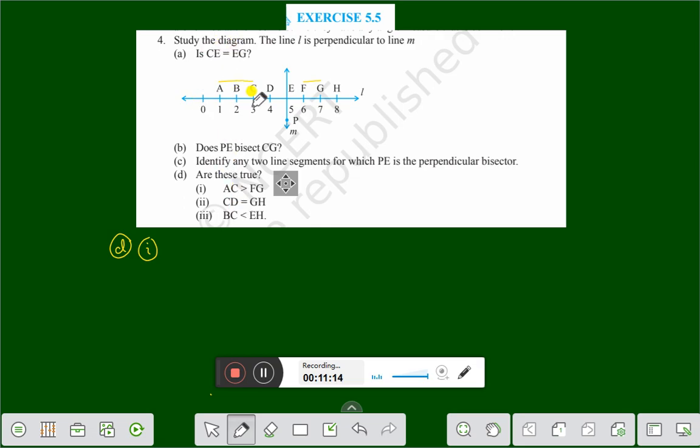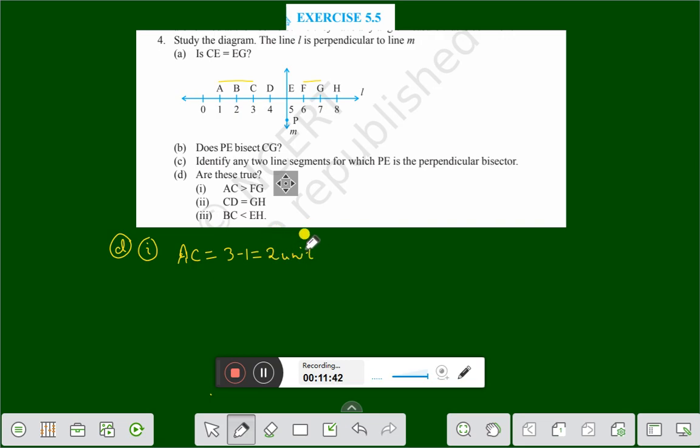What is the length of AC? We are finding the length of AC. Length of AC is equal to, final reading is 3, initial reading is 1, that is 3 minus 1, that is 2 units.